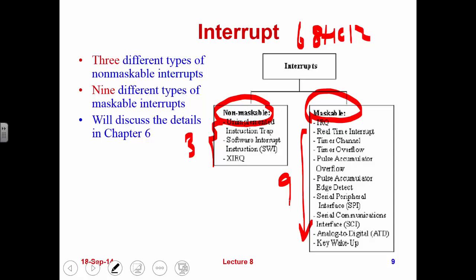We will discuss all these details when we go to the hardware chapter, chapter 6. But here, let's take a look at some of these maskable and non-maskable interrupts. Non-maskable: the unimplemented instruction trap. That's very important.